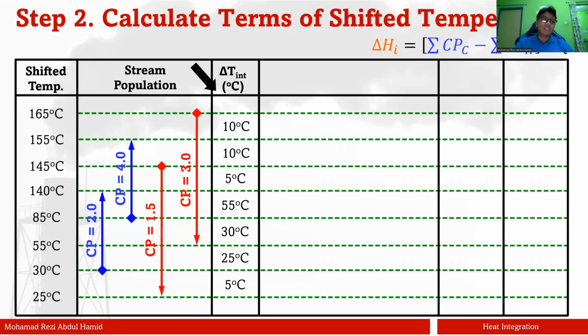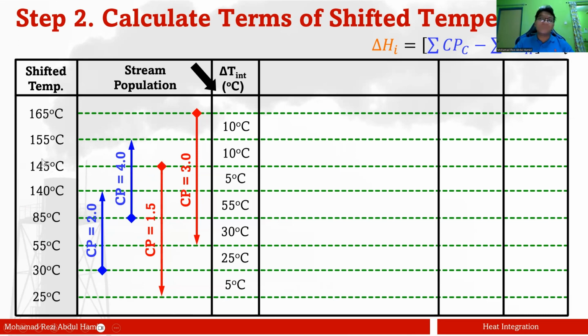The shifted temperature is between 85 to 155. Hot stream is from 145 to 25, and then from 165 to 55. So these are the stream population. Just draw something like this.